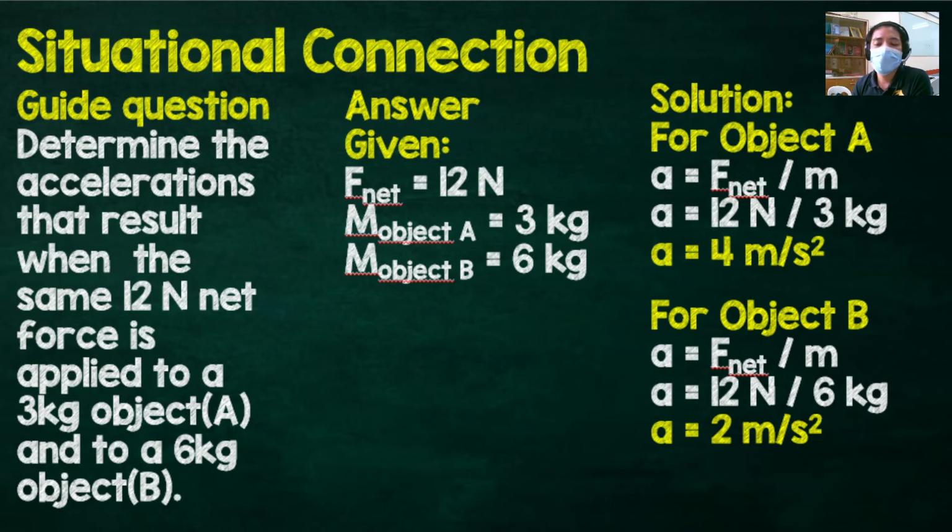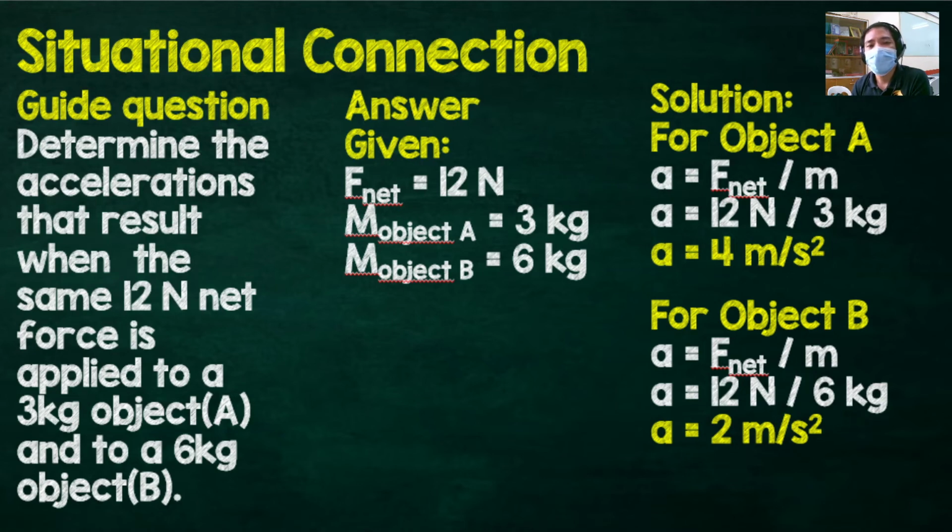Our solution for object A is that we are going to find its acceleration. In order to do that, we will use the formula for the law of acceleration, which is acceleration is equal to the net force divided by mass.